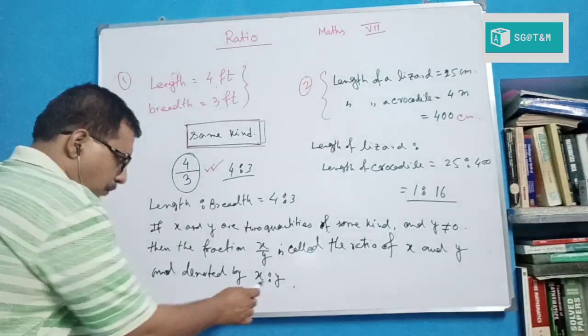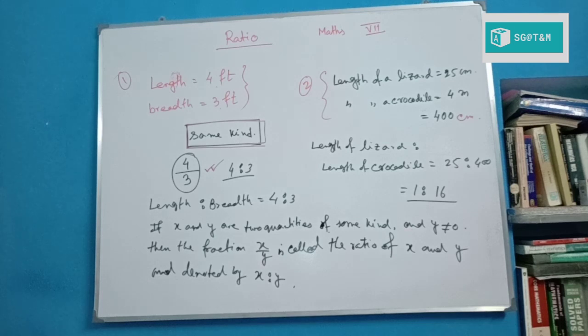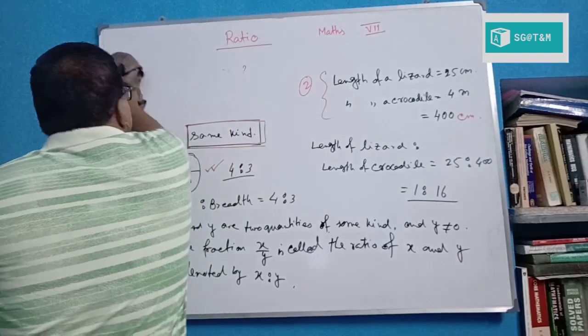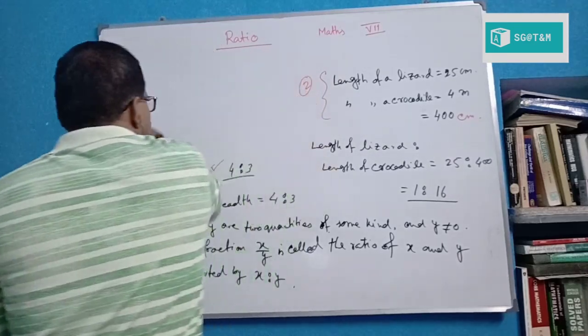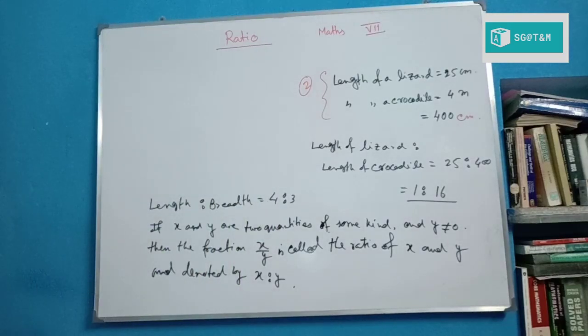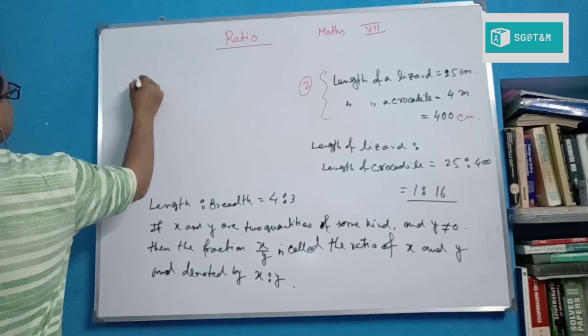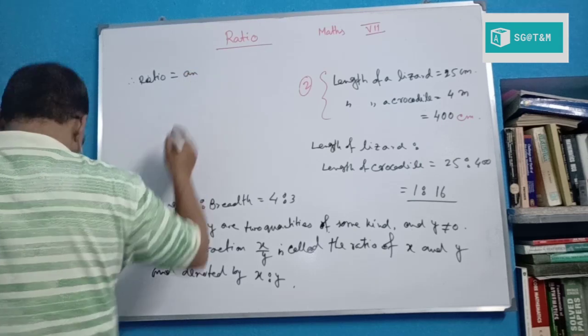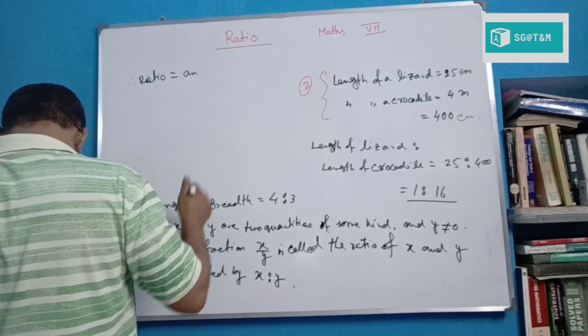So ratio is a unitless quantity, and the first term x is known as antecedent and y is known as consequent. Antecedent and consequent.